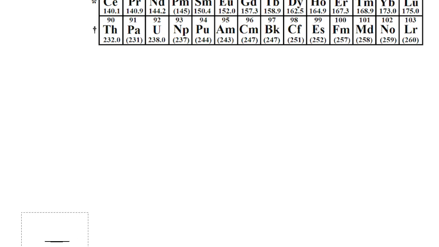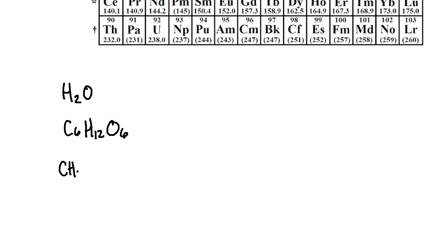The molecules that I'm going to give you to work with will be water, because we keep talking about that, so that's a pretty common example, and then we will have glucose, C6H12O6, and in addition to that, acetic acid, which would be CH3CO2H, and don't forget that extra H at the end there, right?